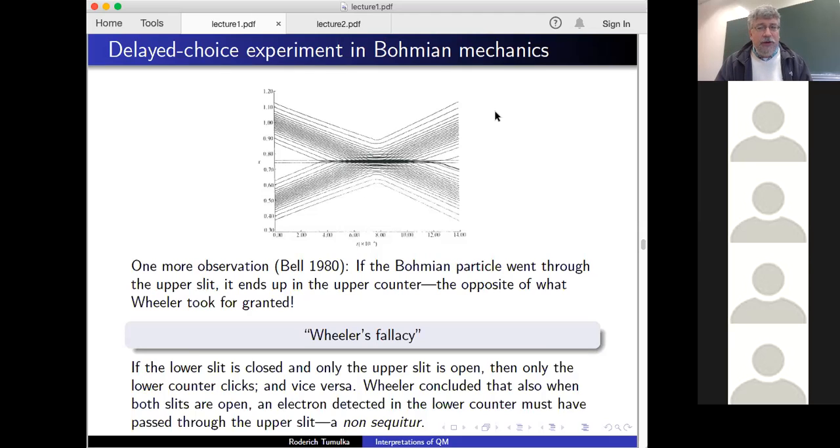So here, Wheeler's reasoning was that when you think about what happens to the wave packets if you have just one slit open, he thought he could conclude from that where the electron must have gone through. But this is a non sequitur. It doesn't follow. It's a fallacy, a wrong conclusion. I will call it Wheeler's fallacy. I need a name for it because it's a very tempting wrong conclusion.